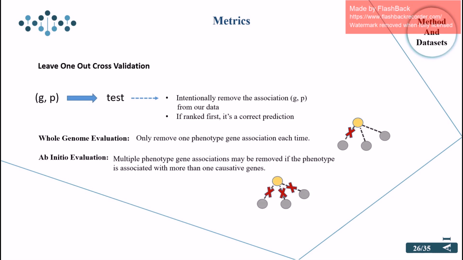In ab initio evaluation, we omit all of interactions between the query phenotype and its related genes. We only use the genes related to query phenotype neighbors as seed genes. Again, if one of the test genes ranked first, it's a successful prediction.